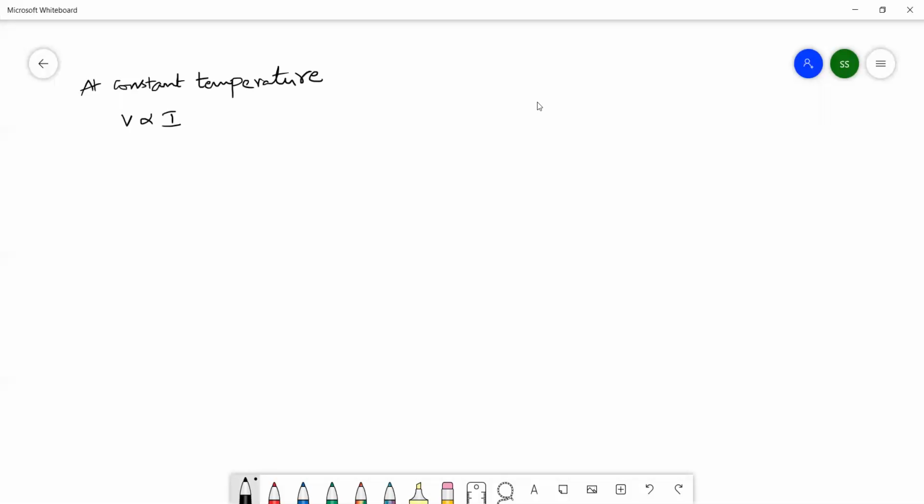So at constant temperature in an electrical circuit, I will draw the circuit also: your voltage source and your resistance, and the amount of current which is passing through it.